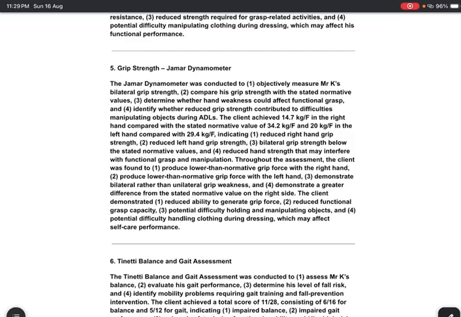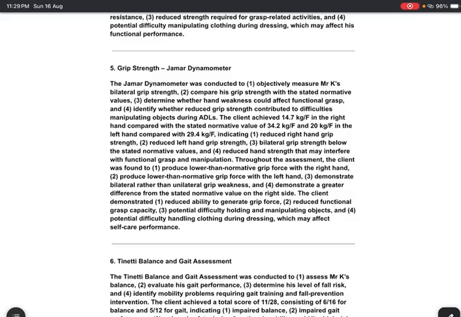His left hand measured 20 kg force compared with the stated normative value of 29.4 kg force. Therefore, both hands demonstrated reduced grip strength compared with the stated normative values. This may affect his ability to generate sufficient grip force and manipulate objects during functional activities such as dressing and other self-care activities.